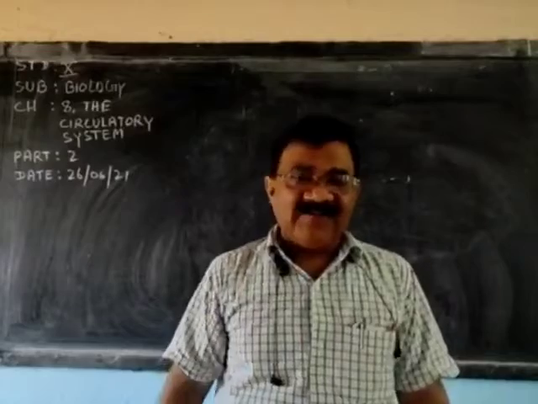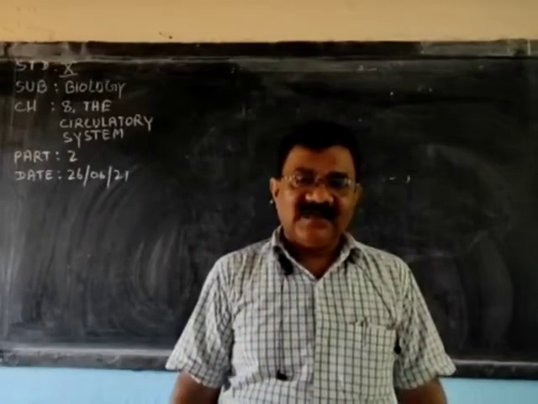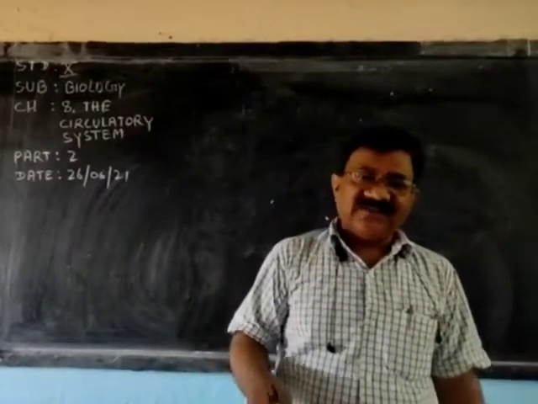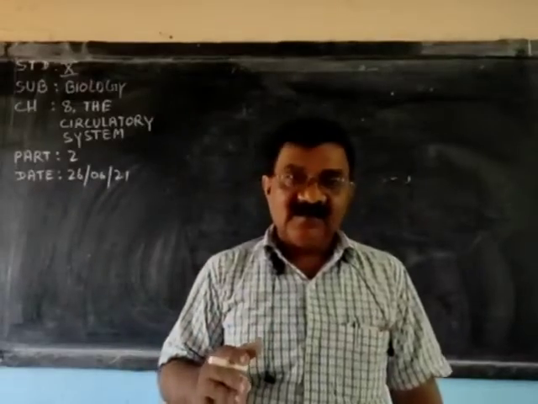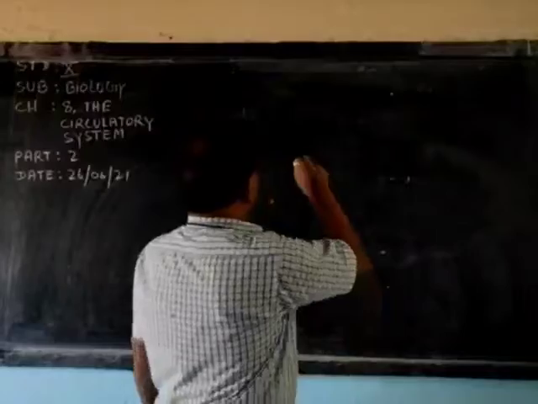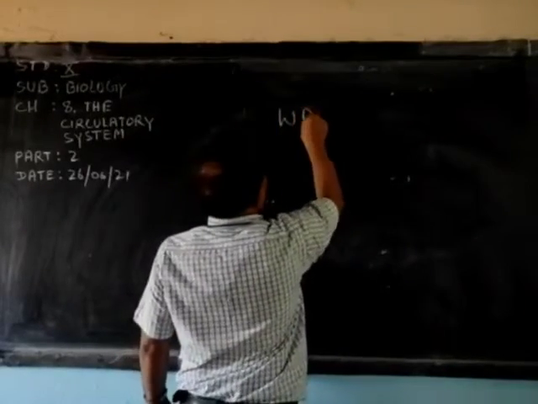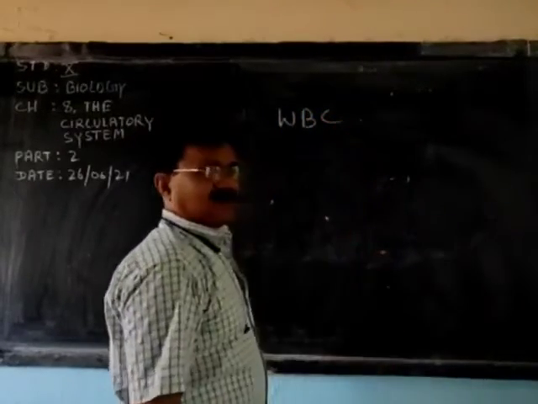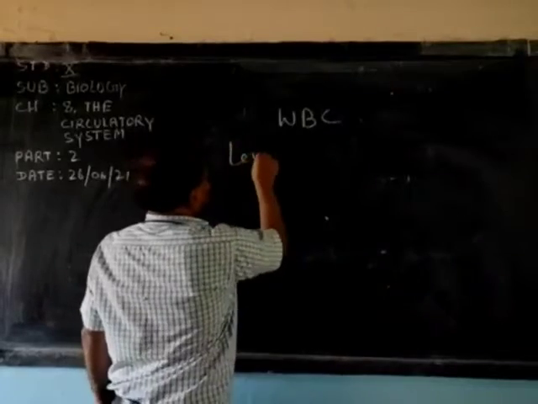And RBC we have discussed in detail. In RBC we have discussed that it contains hemoglobin. Now today we are going to discuss in detail about the white blood cells, means leukocytes.